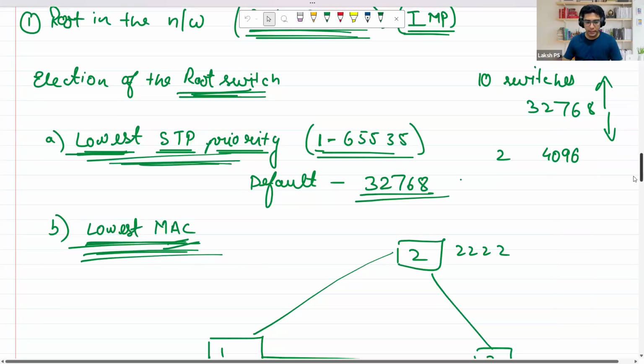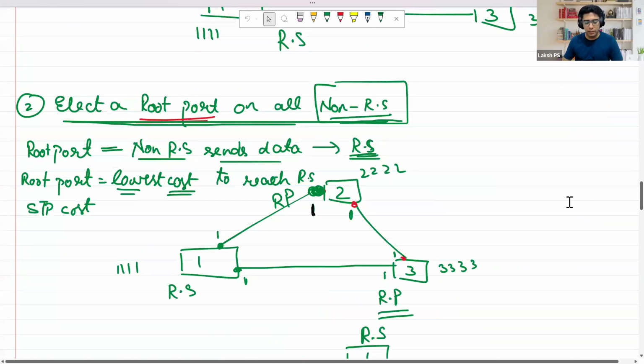Now, once the root switch is selected, next the spanning tree elects root ports on all the non-root switches, right? There can be multiple paths to reach the root switch from a non-root switch. So whichever port has a lower cost to reach the root switch takes over the role of root port.